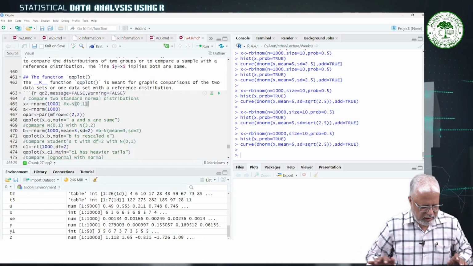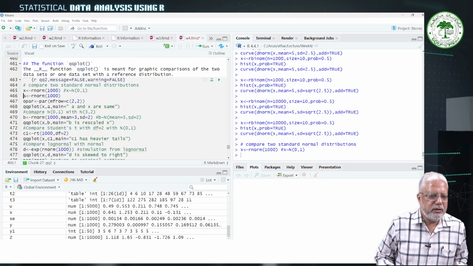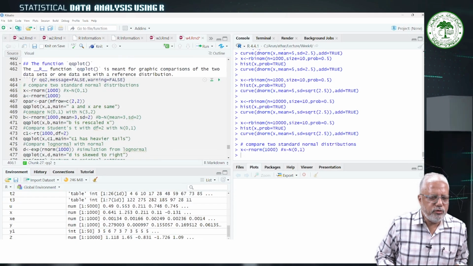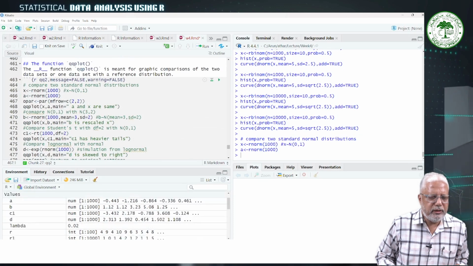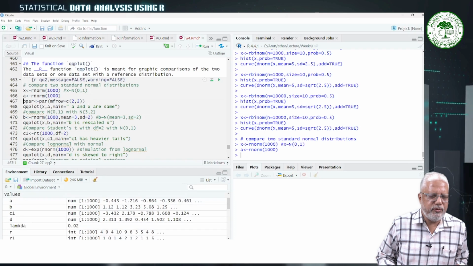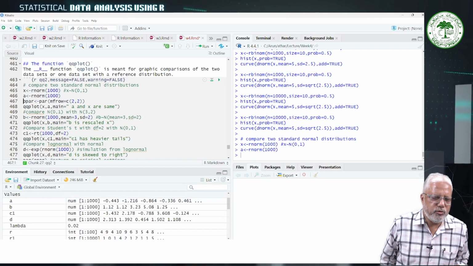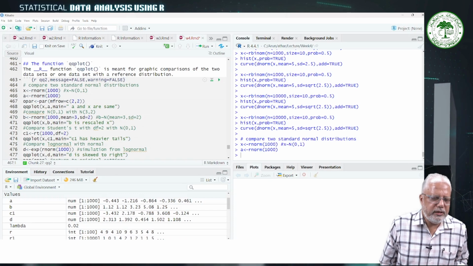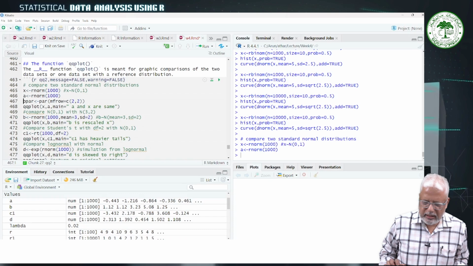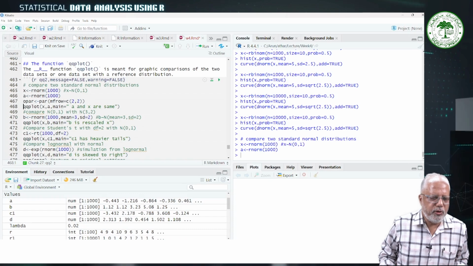So here we are simulating to compare two standard normals. So x is equal to rnorm, it is standard normal. A is equal to rnorm, so it is also 1000 observations from the standard normal, and then we are partitioning the screen with par, mfrow is equal to c(2,2), 2 rows and 2 columns, and then we are making a QQ plot of x and a.